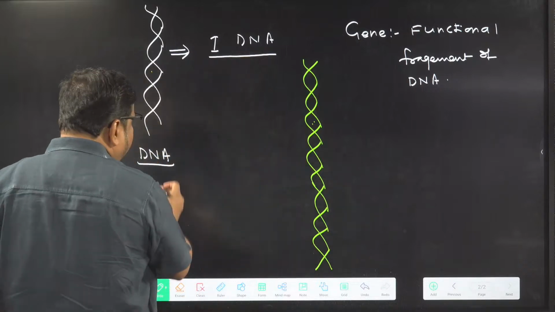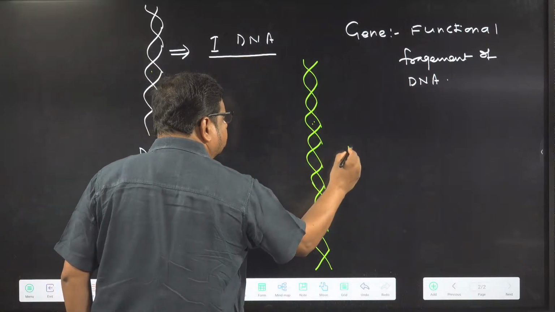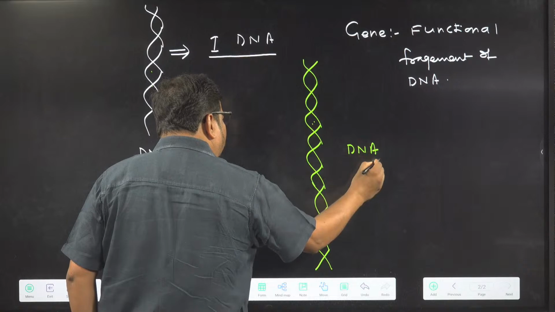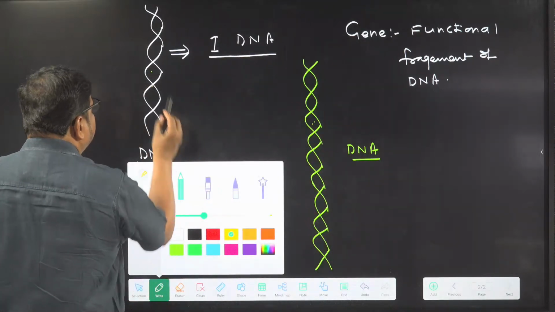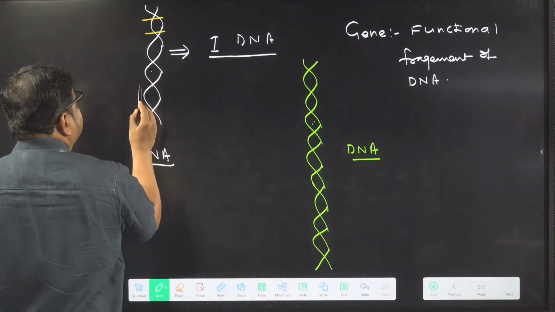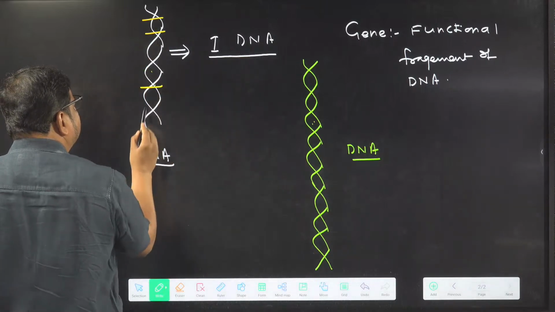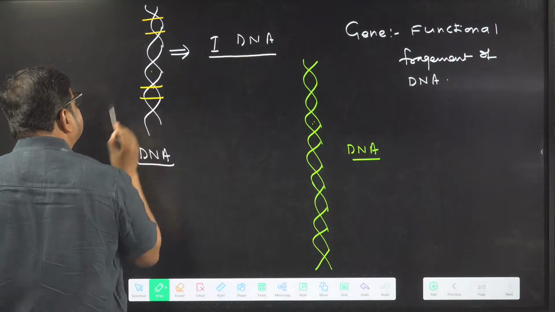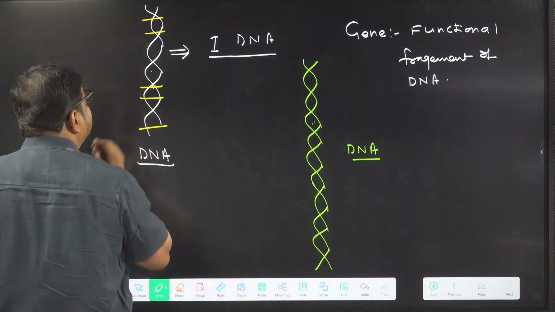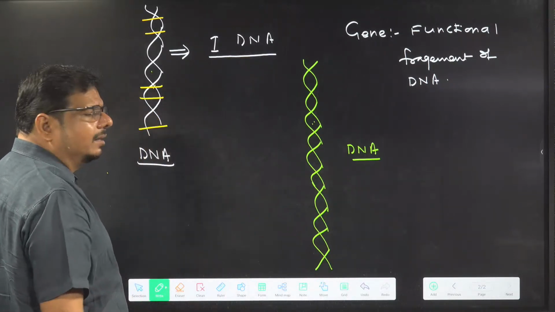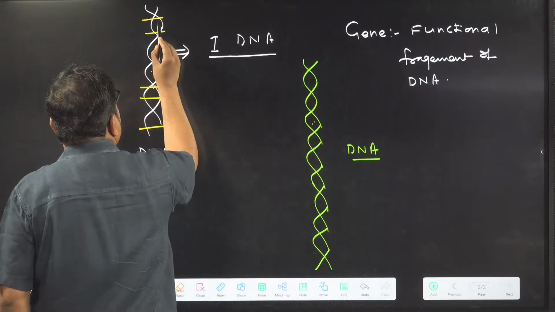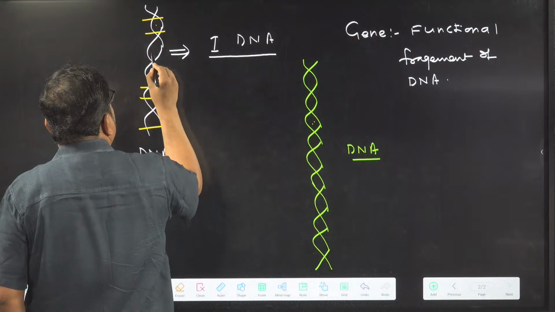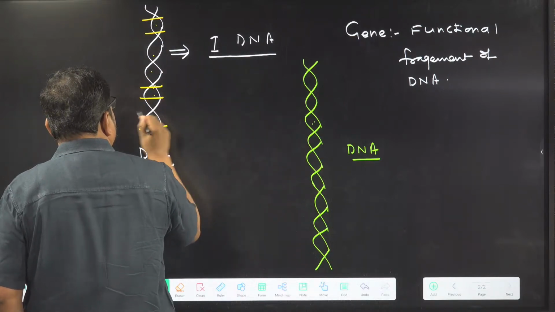So this is one DNA, this is another DNA. In these 2 DNA, the number of genes may be variable. Suppose that this segment is a gene. This is another segment, another gene. This is another segment, another gene. And here, how many genes are we finding? Assume 1 gene, 2 genes, 3 genes, 4 genes.